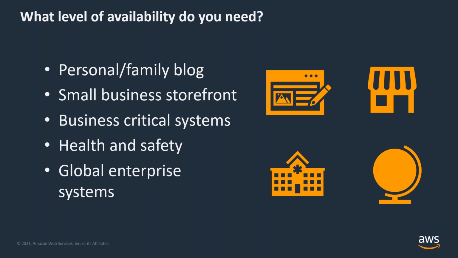My family is all focused here in the continental US, and so they're not going to be looking at it during the wee hours of the morning, so I'm okay if something happened then. But if you're running a small business or some other business critical systems, maybe health and safety environment, or you're part of some large enterprise scale systems, you probably need more nines than that. And some may need 5 nines of availability.